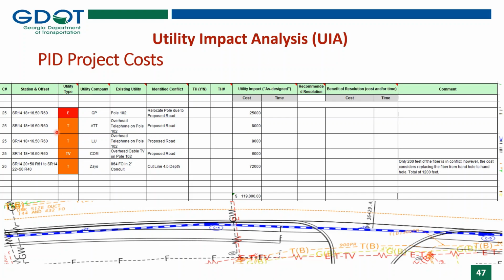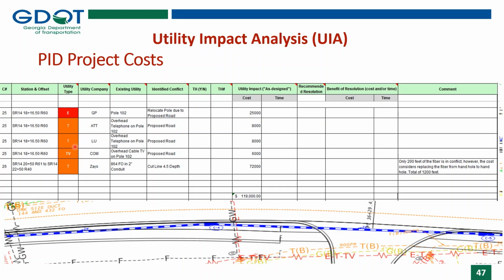So here we have AT&T. In order to relocate telephone lines is around $40 a foot. And the conflict is proposed road, and that's going to cost about $8,000 for that overhead AT&T line.